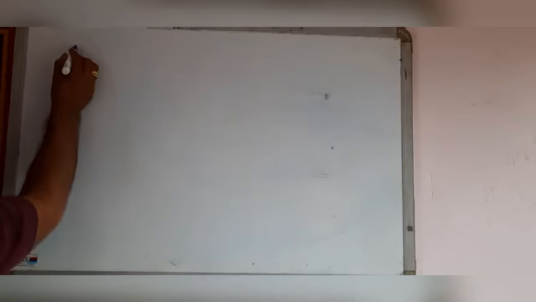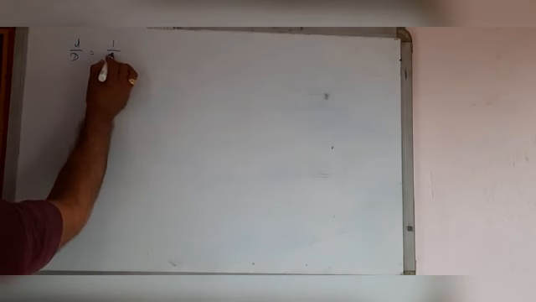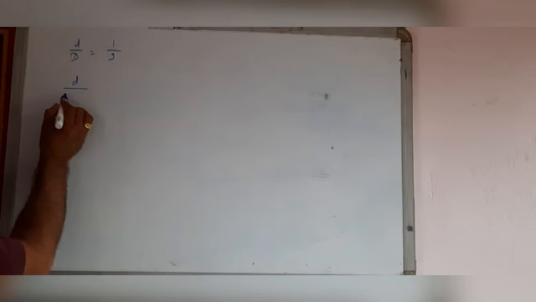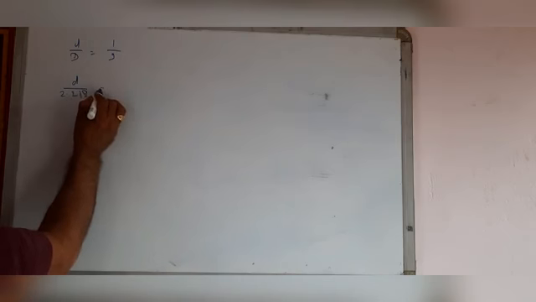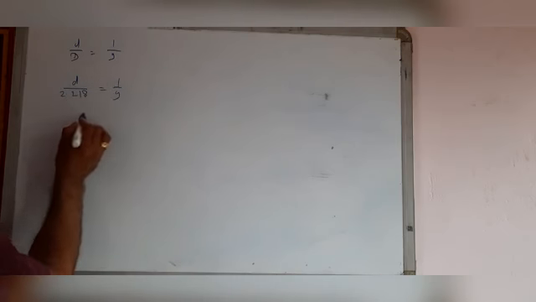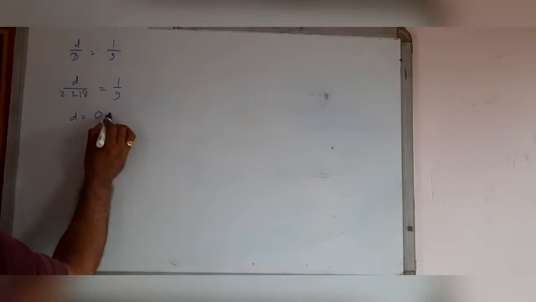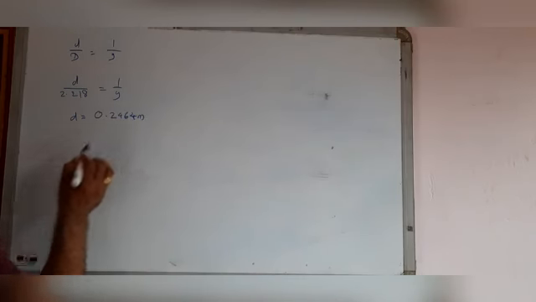Next, diameter of jet, that is small d by capital D, is given 1 by 9. So this is d by 2.218 equal to 1 by 9. So the value of d comes 0.2464 meter.